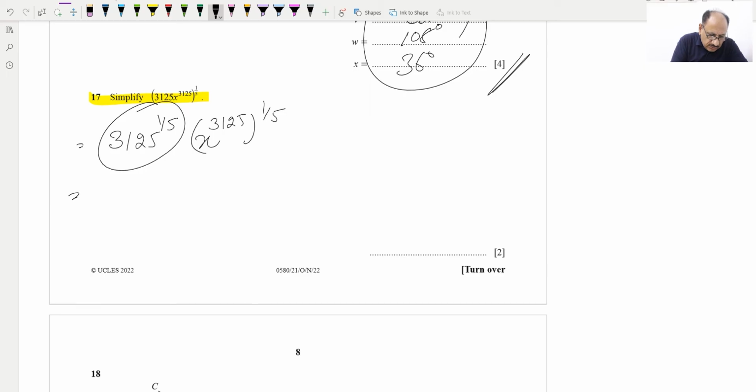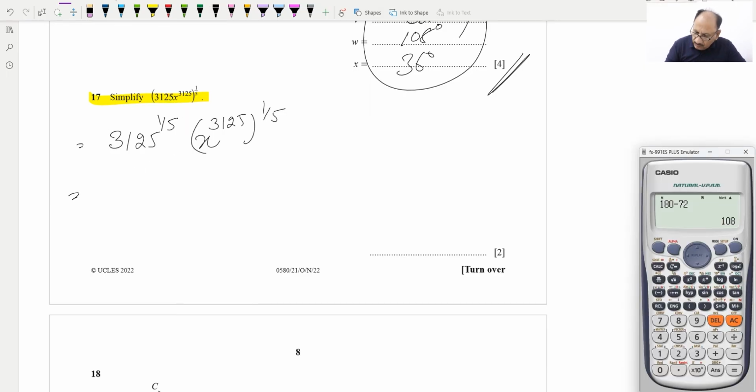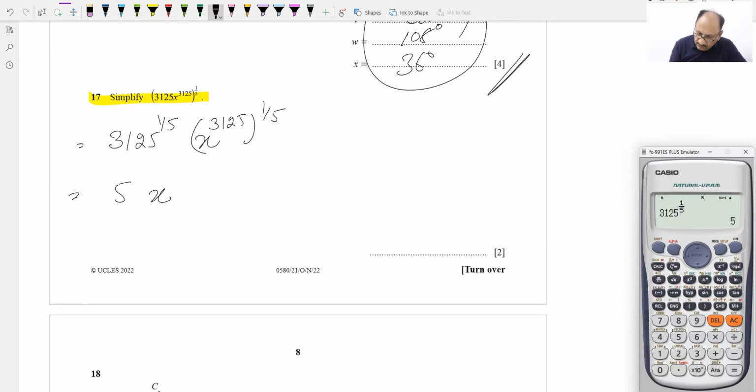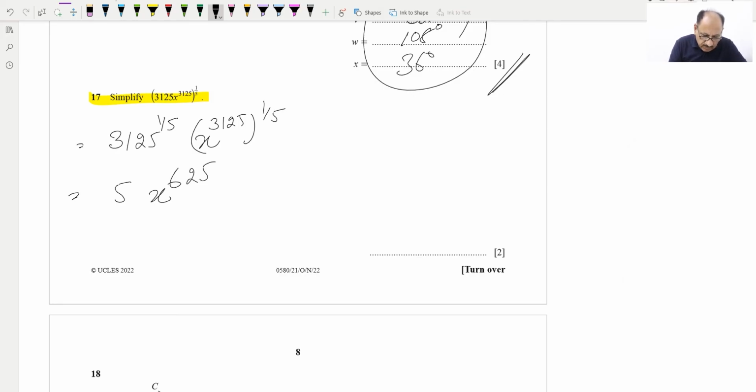Now we can use the calculator: 3125 raised to the power of 1 over 5 gives us 5, so we can write 5 here, and this will be x raised to the power 3125 multiplied by 1 over 5. In this case we multiply because powers will be multiplied. So this will be our answer, 5x raised to the power 625, and this is for 2 marks. Hopefully you understood this.